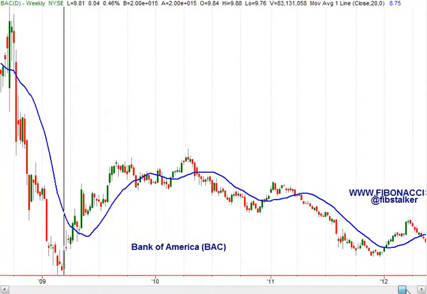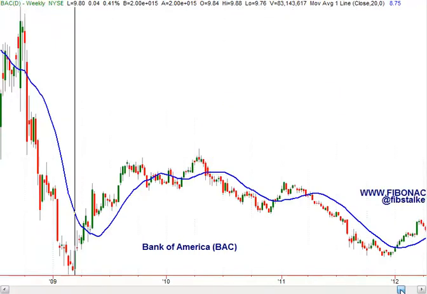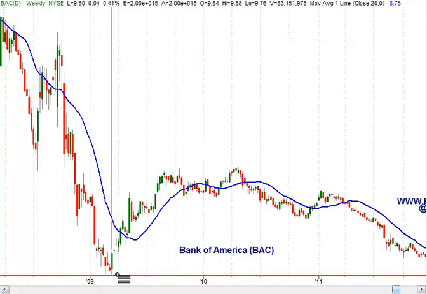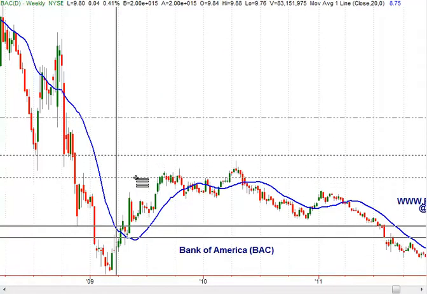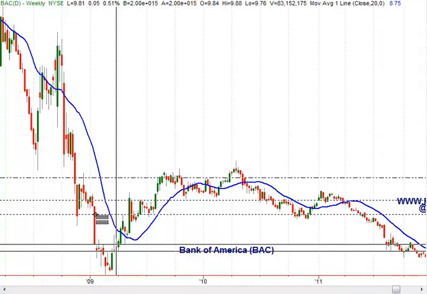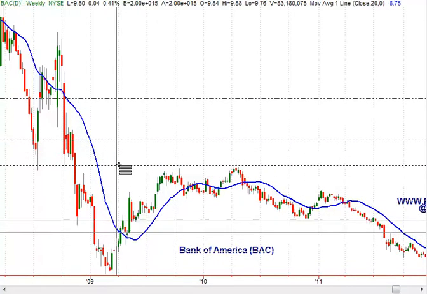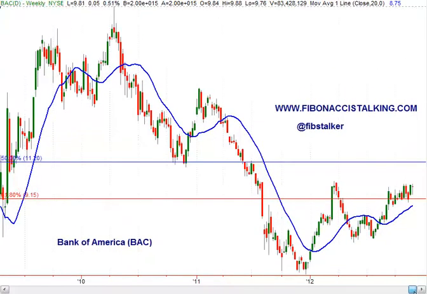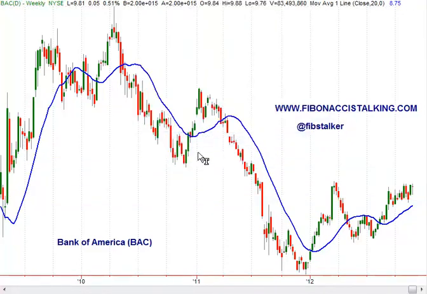Since then, the stock tried to pick up, and we had a first measure move here to target, and the next measure move traded at the end of 2010 with support at 11.20, but with price again going below 9.15, the stock started moving lower again.